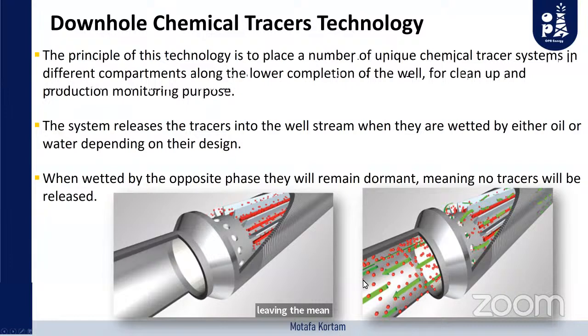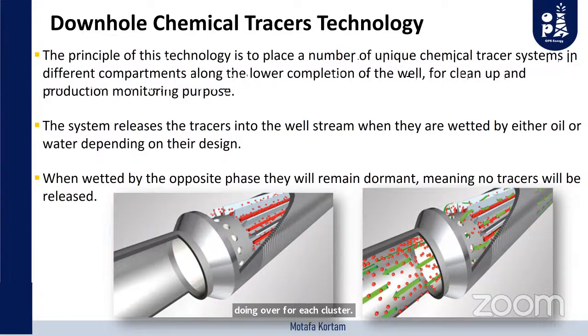And then this tracer will decay over a period of 6 months up to 5 years in some applications or circumstances. So from 6 months to 5 years, you will be able to understand which perforation is contributing and how much is the contribution of each zone or each cluster.